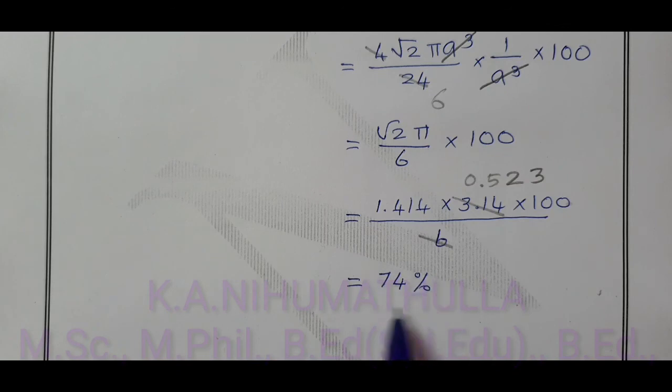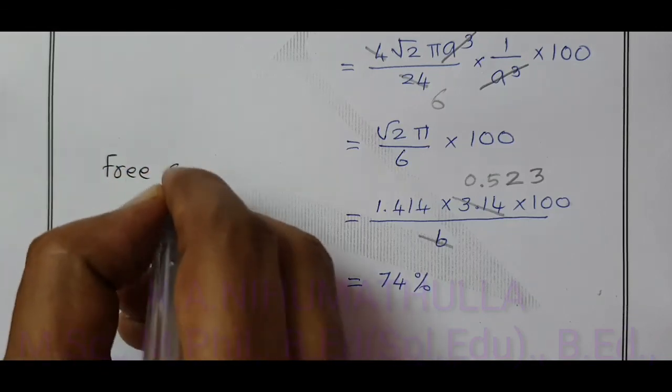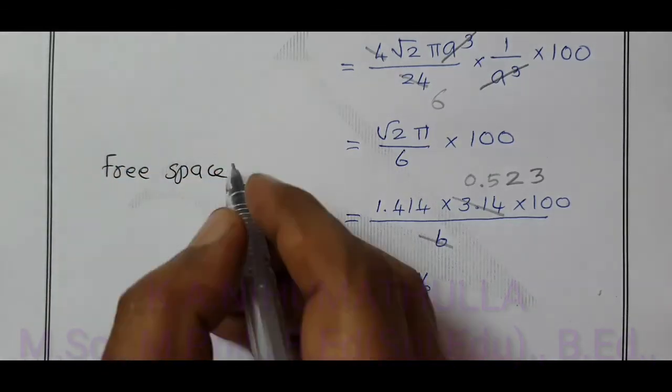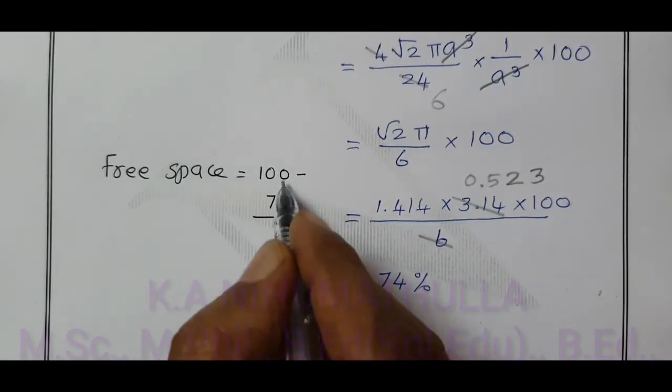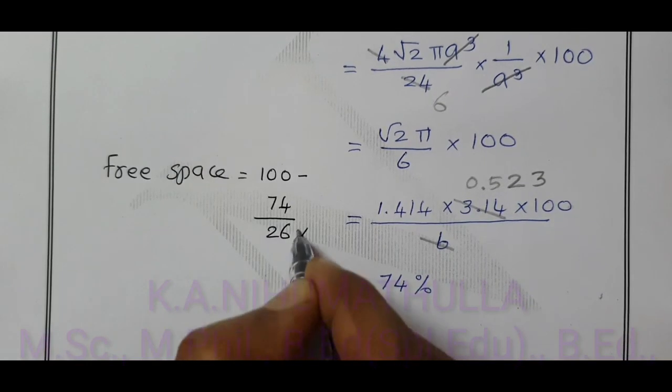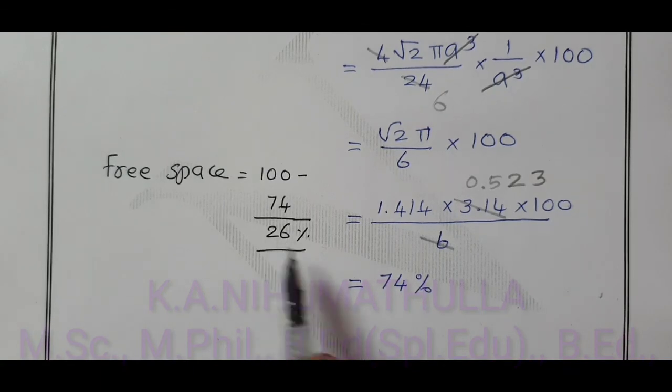So the 6 face atoms and 8 corner atoms occupy 74% of the volume. How to find out the free space in face centered cubic? Free space is 100 minus 74, which is 26%. This volume is not occupied by any sphere.